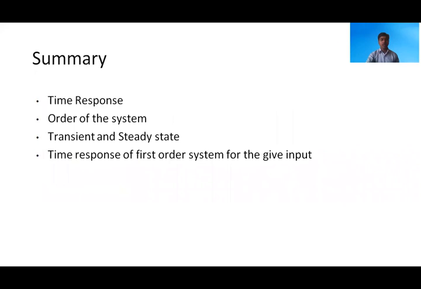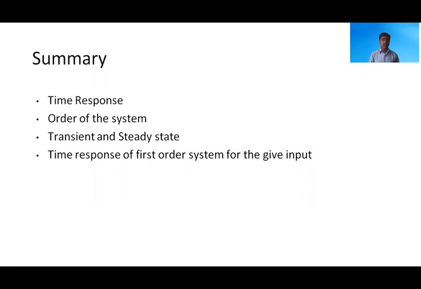Now let me come to the summary. What we have discussed in this video: we have learned what is meant by time response and why to find the time response of a given system. Then we learned what the order of the system is and how to find it. Then we learned what is meant by transient state and steady state, and how to identify these two states in the given response.